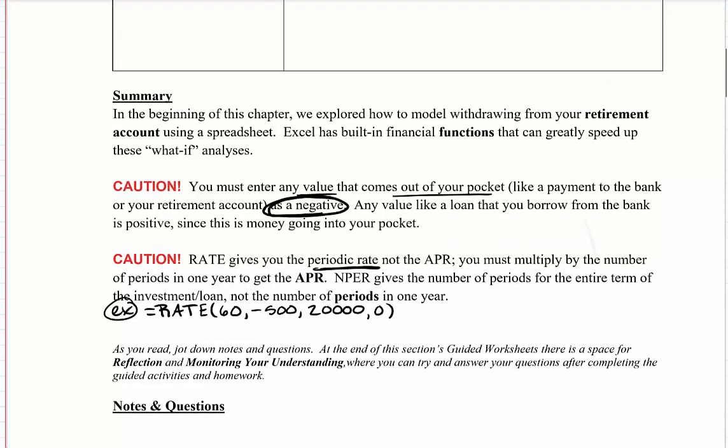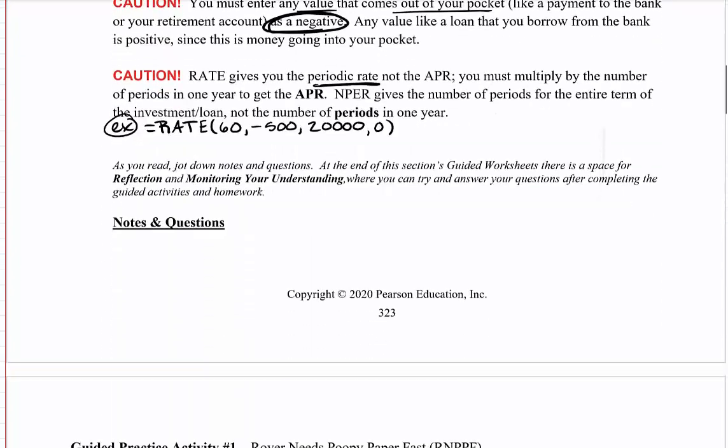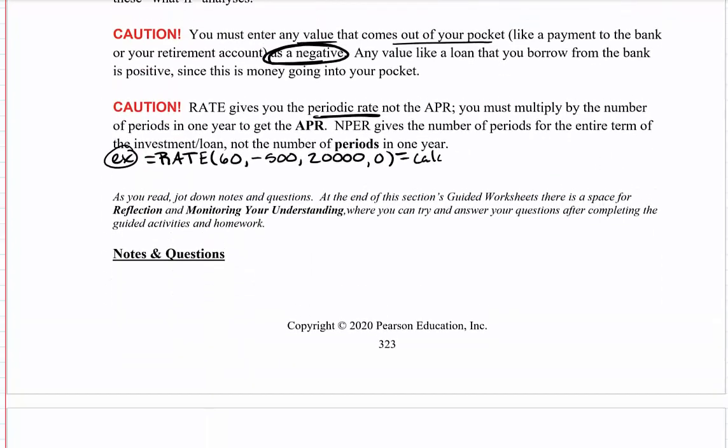So if you go back and look at the rate function, I just put these four numbers in here: N per, payment, present value, future value. What that does is this will calculate the monthly rate of a 5-year loan, maybe, for $20,000 with a $500 monthly payment.